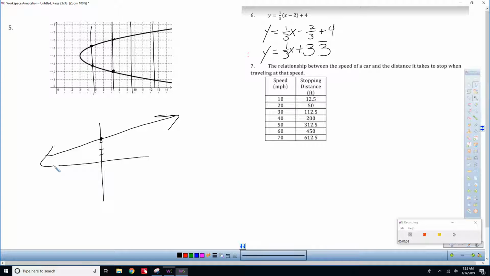Okay, so this one went up 37.5, and then it went up 62.5, and then it went up 87.5, and then it went up, oh dear, 112.5. Okay, now let's see what this is.